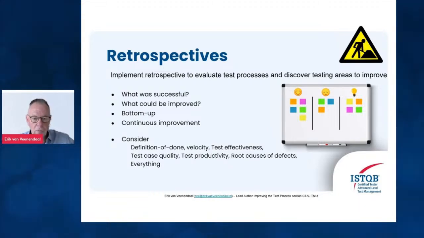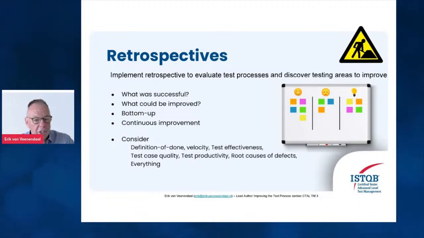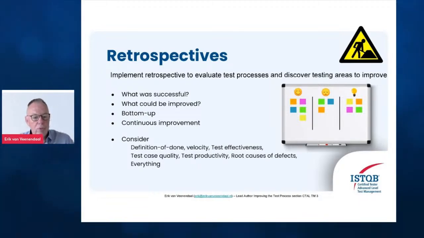We'll focus for both model-based and analytical-based on how to do it in your project. And finally, we will teach you how to use retrospectives and how to implement them to evaluate test processes, also to improve your test process.